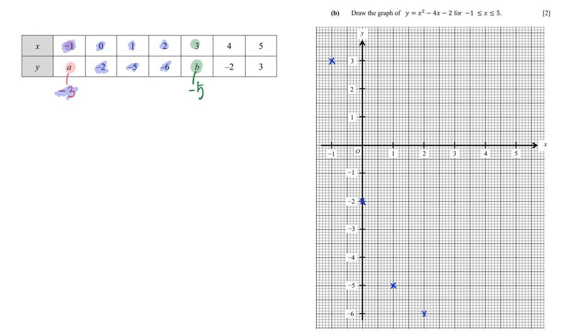Let's continue. When x is 3, y is -5. When x is 4, y is -2. And when x is 5, y is 3.